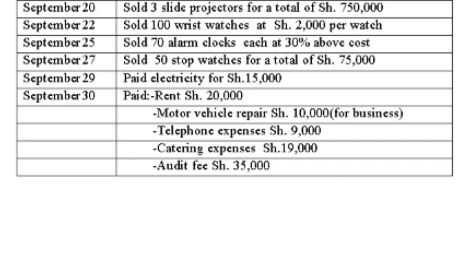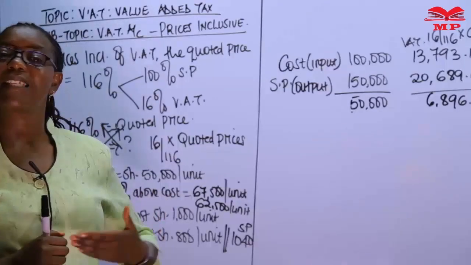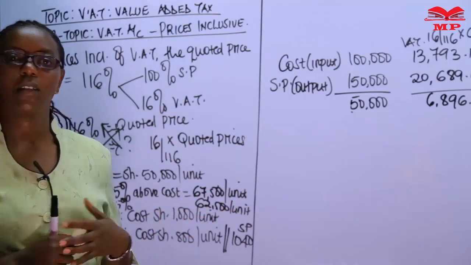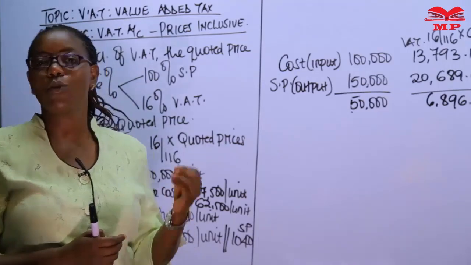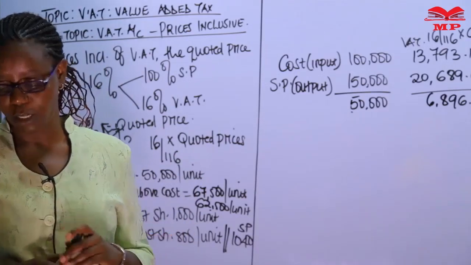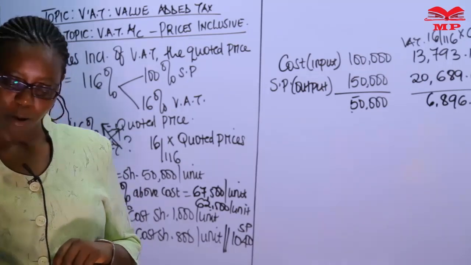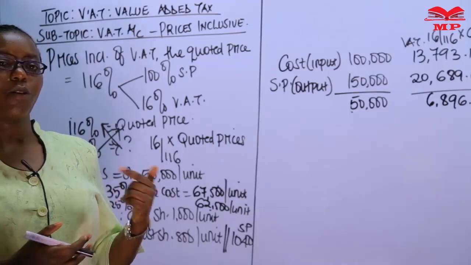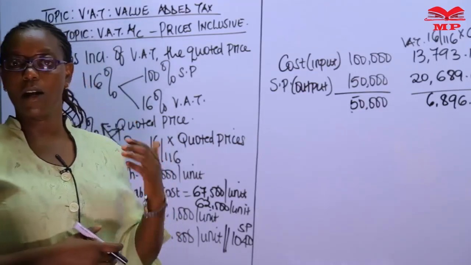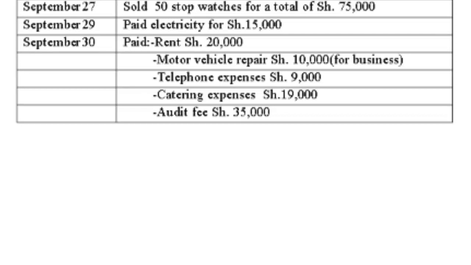But generally we said when you have PSVs and personal vehicles, even when they are owned by the company, the servicing and the repairs and the fuel and oils for those vehicles, though you're going to pay input VAT, you're not allowed to deduct from output VAT. But in our case here, Meta Limited paid for motor vehicle repairs 10,000 shillings, and this vehicle was for business purposes. That means that the vehicle was being used in the making of taxable supplies. So we are going to deduct input VAT.